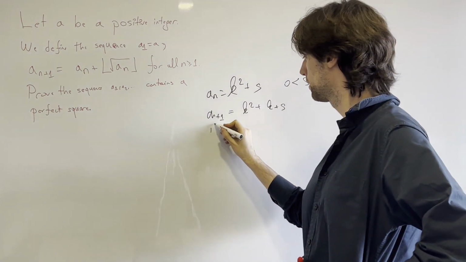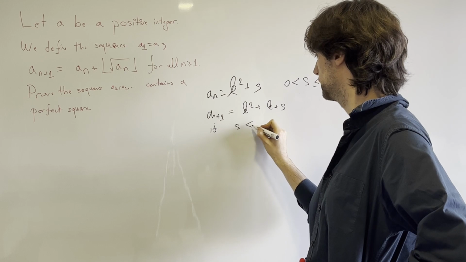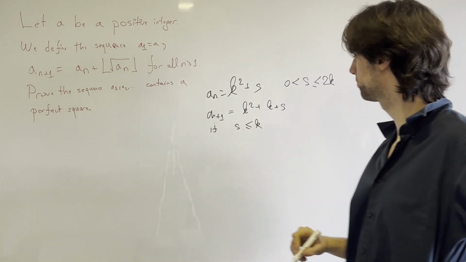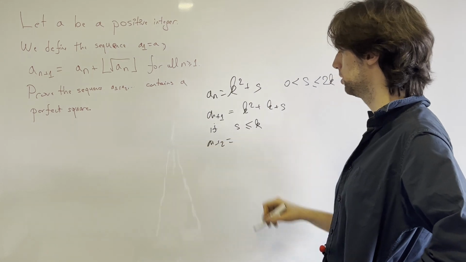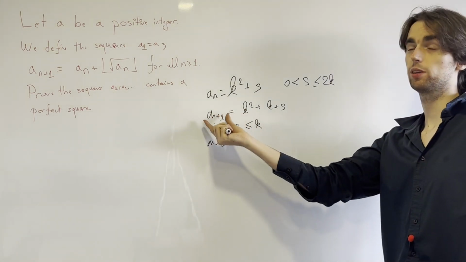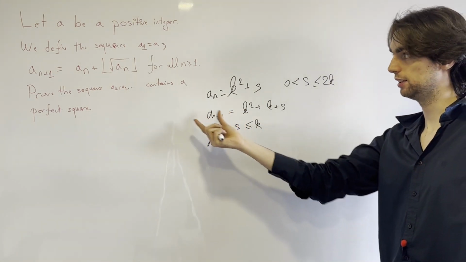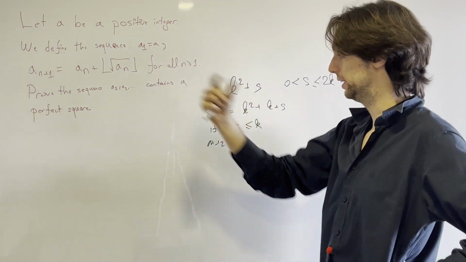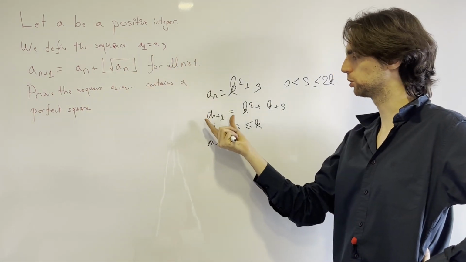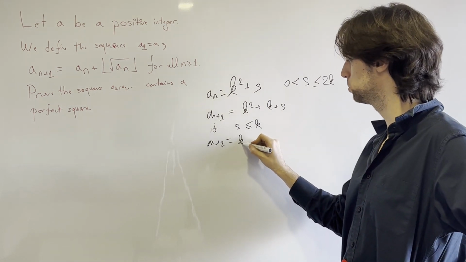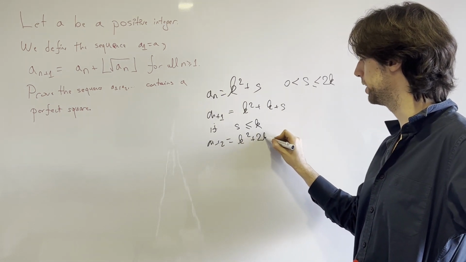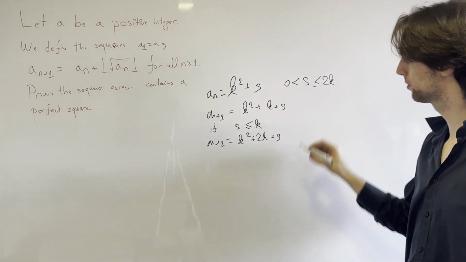If s was less than or equal to k, then a_{n+2} will be, taking the floor of the square root of this, again k. And I'll have this would be k squared plus 2k plus s.